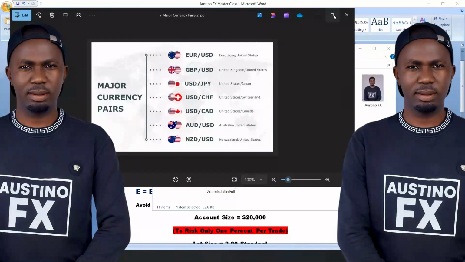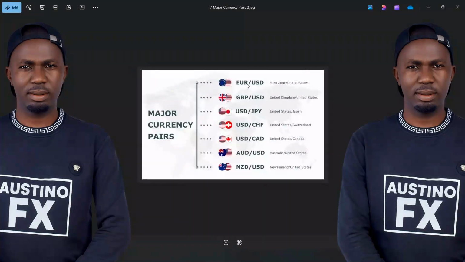Now let's look at it very well. The EUR/USD is Eurozone against the United States. When I mean Eurozone, European countries against the United States. Then the GBP/USD is United Kingdom against the United States. Then the USD/JPY is United States against Japan.